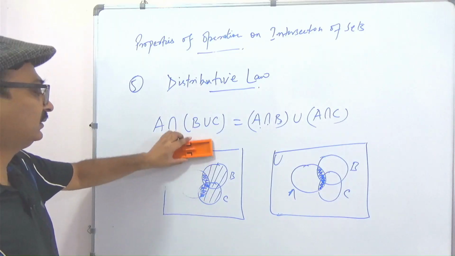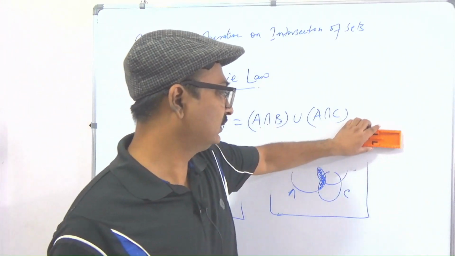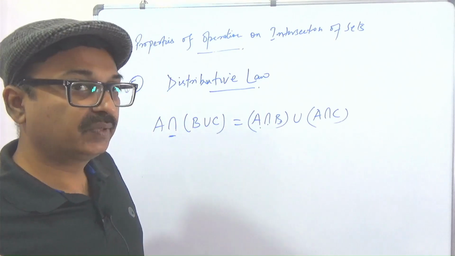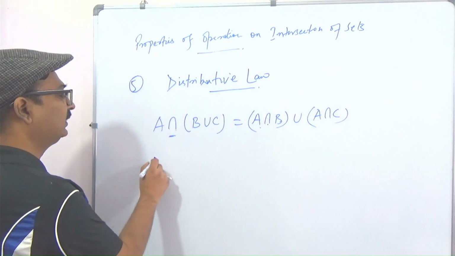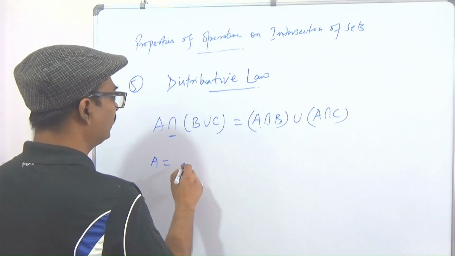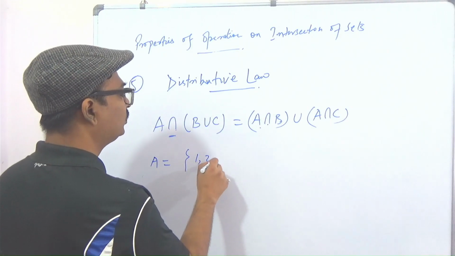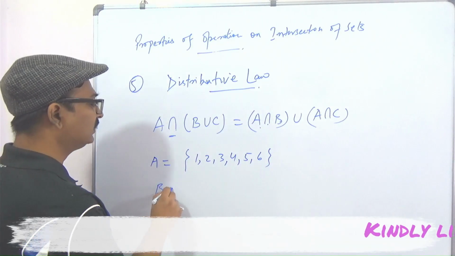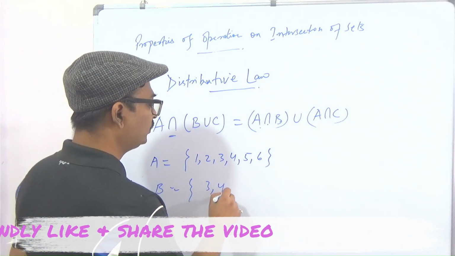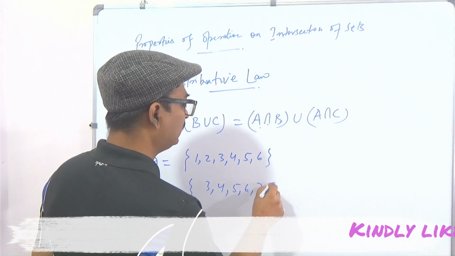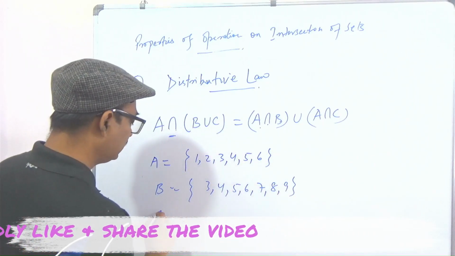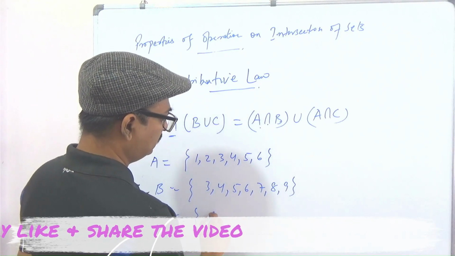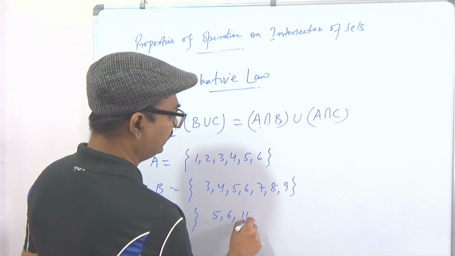For those who have just started with this course, I'm giving you one task. Let's say A is 1, 2, 3, 4, 5, 6. B is 3, 4, 5, 6, 7, 8, 9. And C is 5, 6, 11, 12.